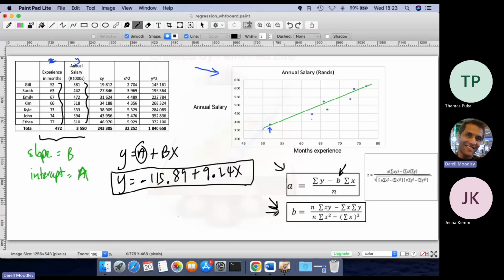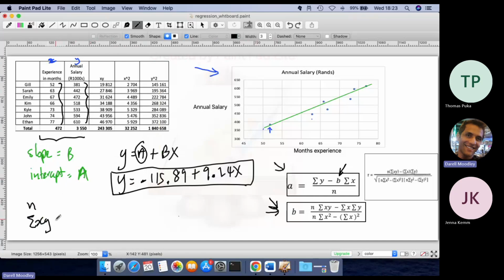If you look at this formula, you need N, you need sum XY, you need sum X, you need sum Y, etc. You need all of these values. If I show you how to do one of them, it's actually very easy to figure out all of them. So let's just work out sum XY.